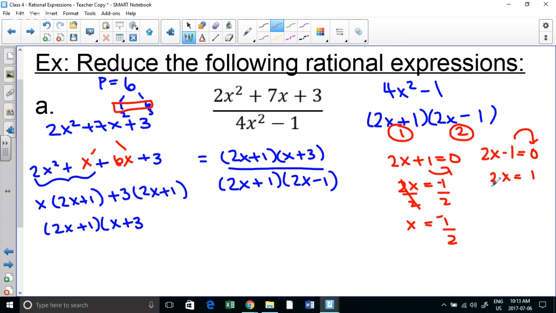And I divide by 2. So x is 1/2. Fractions. x cannot be 1/2 or negative 1/2.